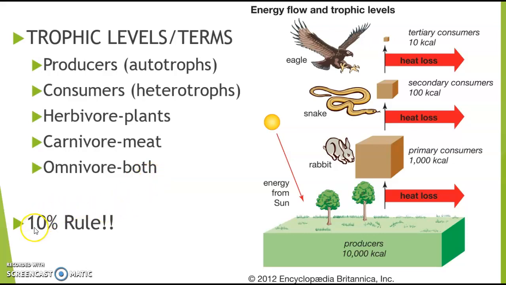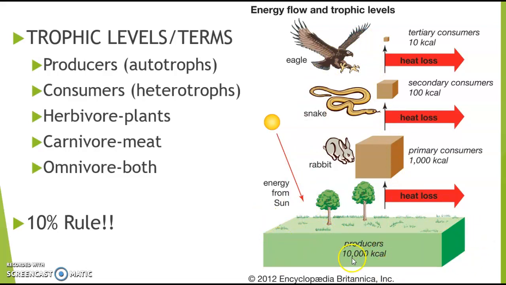The last and very important part of this slide is called the 10% rule. This is referring to the amount of energy that gets passed on from one organism to the next in either a food chain or a food web, and we'll look at that briefly next. So if you're looking at this diagram again, producers on the bottom make up the majority of that biomass.